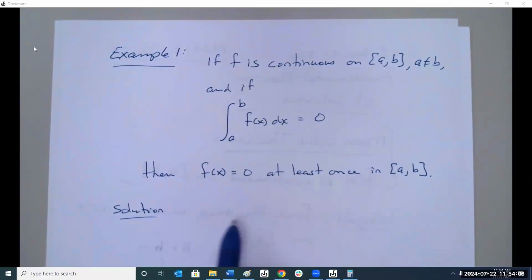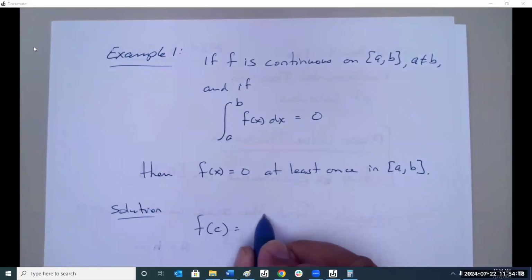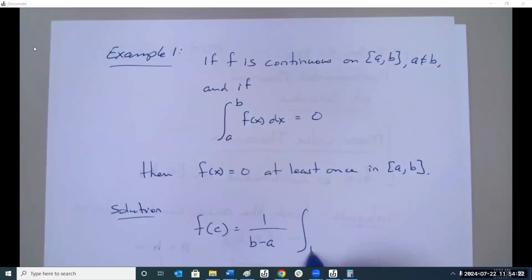Because it's a continuous function, we know that the mean value theorem has to exist. So there has to be a value C in which this is true.